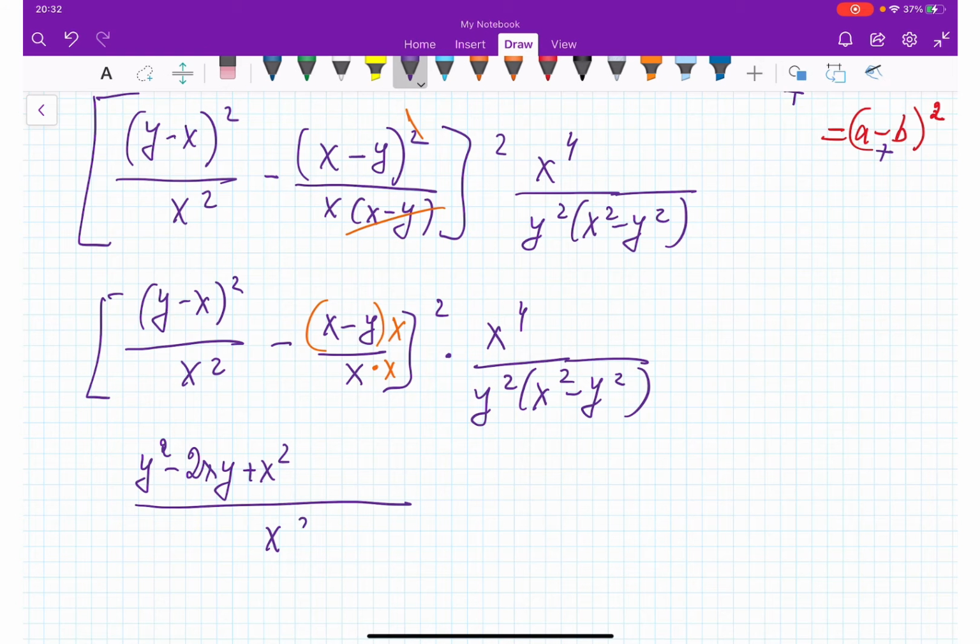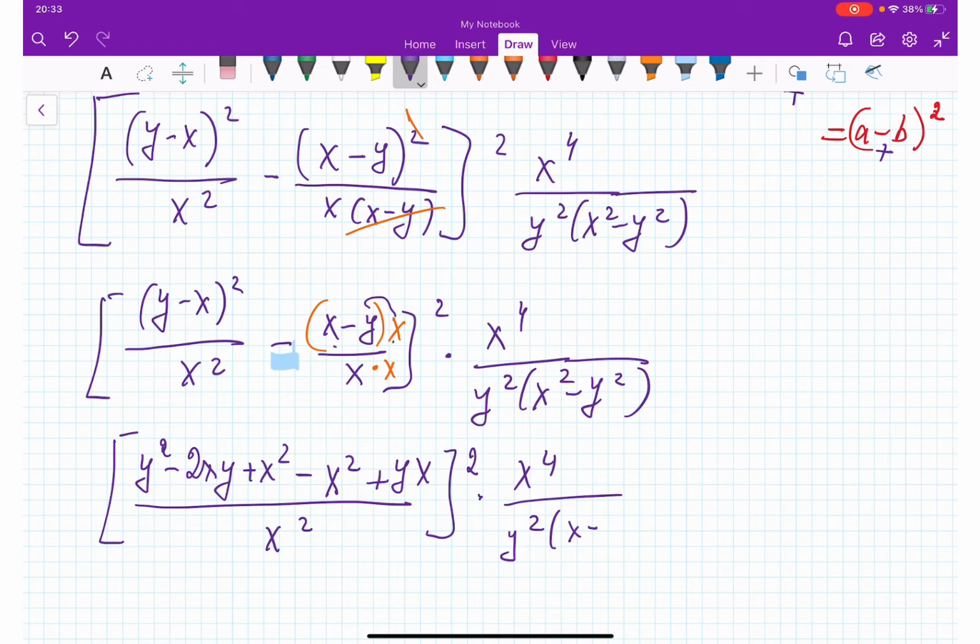This is x squared here, minus, since we have a negative sign, it's going to flip every single sign. So we had positive x squared, it's going to be minus x squared. And then negative y times x is going to be negative yx, and because of this negative sign, we will get positive yx. Yes? So we get squared times x to 4 divided by y squared, x squared minus y squared.